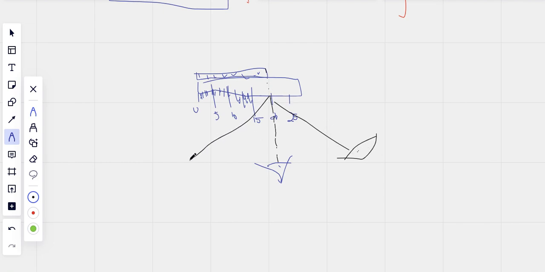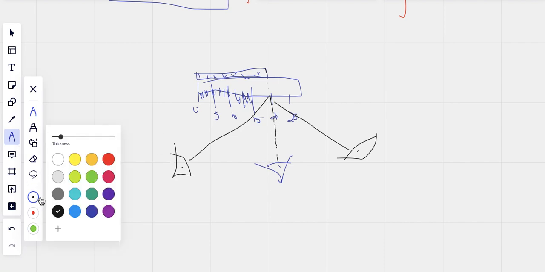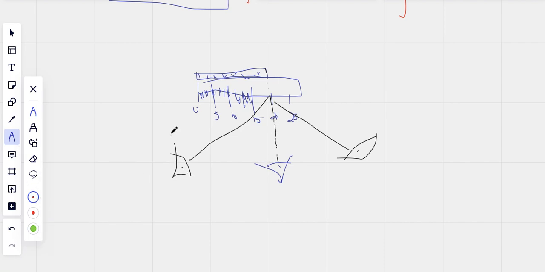Or you stay this way, your eye level is this way, and you're reading an object that is here. This is considered to be wrong. And the error that results from here is called the error due to parallax. This is considered to be correct because you have the correct line of sight.